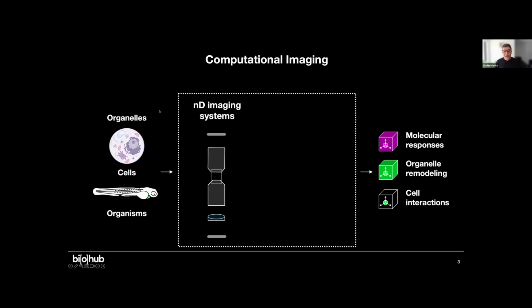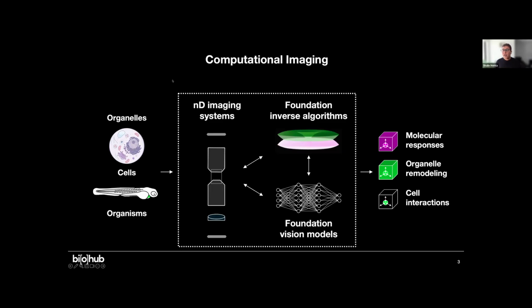And I would argue that in addition to building ND imaging systems that improve throughput and balance the trade-offs that we are all familiar with, it's also important to consider what computation can do for us and design all of these pieces together using deconvolution or inverse algorithms, or now foundation vision models.